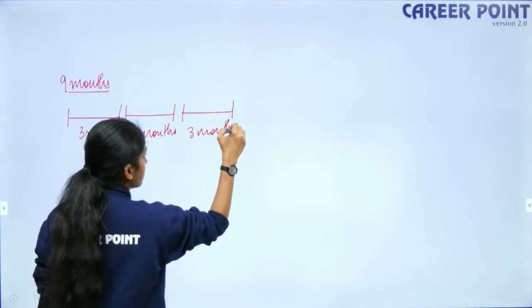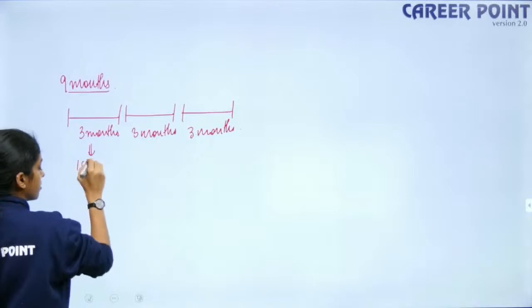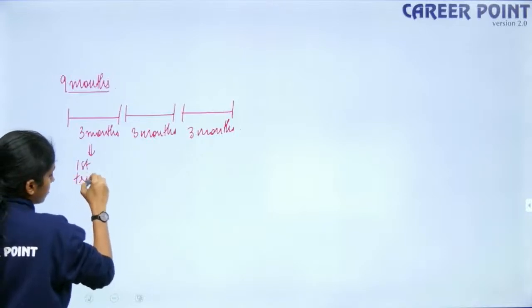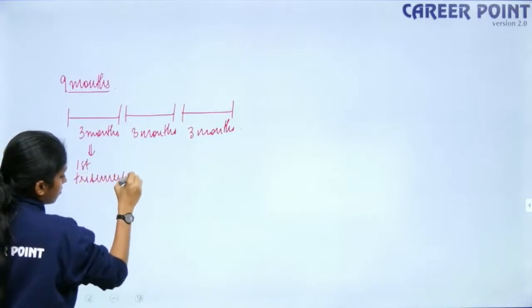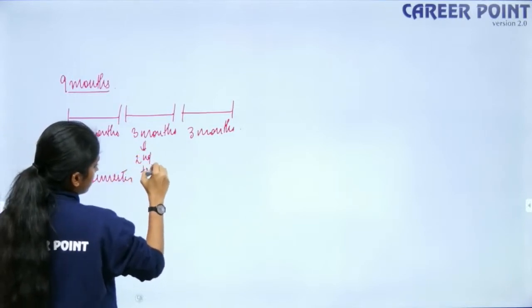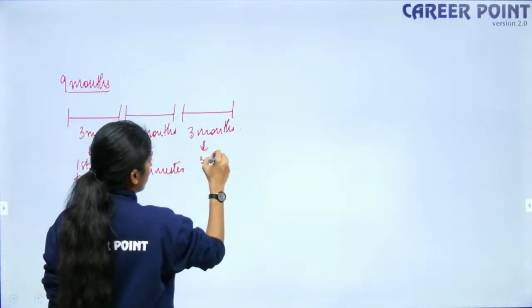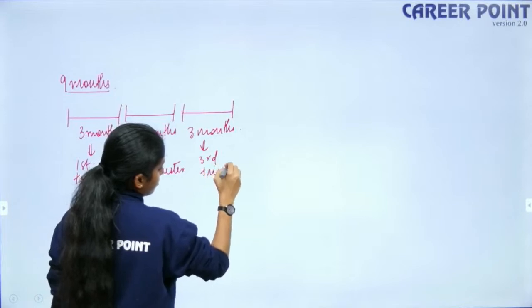This 3-month period is known as your first trimester. This is your second trimester. This is your third trimester.